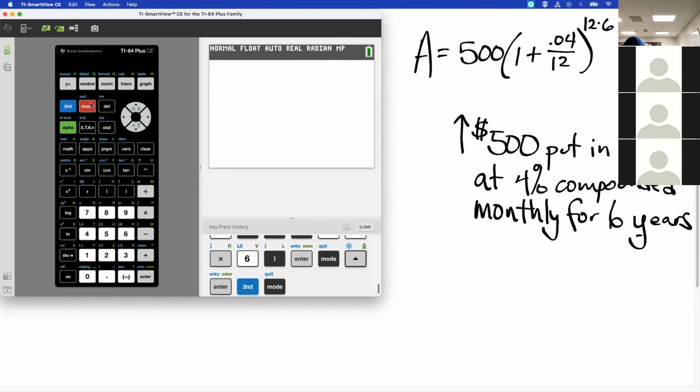You don't have to do that fraction. Let's hit enter.